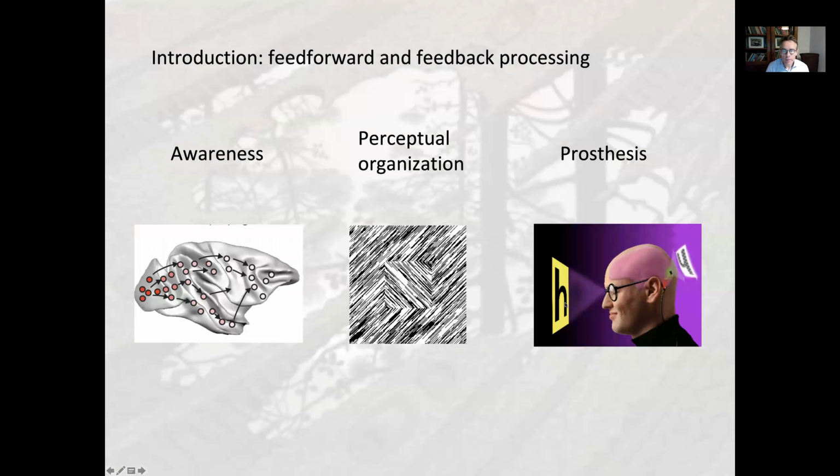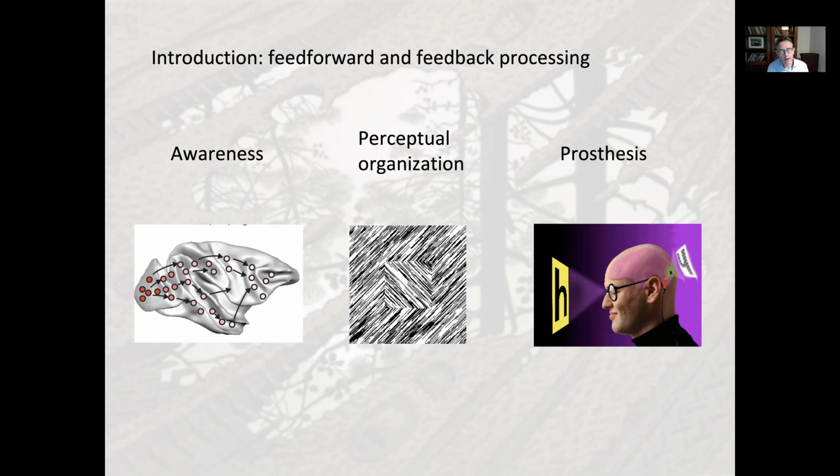This is the overview of my talk. So first, I'm going to give a very brief introduction on the distinction between what we call feed-forward and feedback processing in the brain. Then I'm going to talk about the neural correlates of visual awareness. And then I'm also going to address so-called perceptual organization.